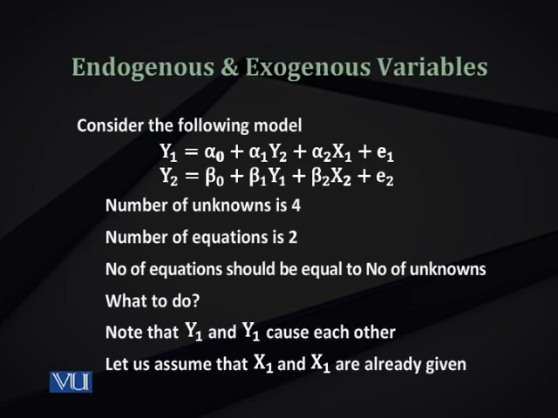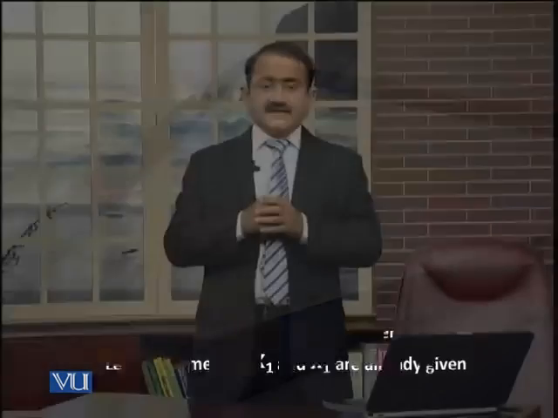So Y1 is dependent on Y2, and Y2 depends on the values of Y1. So they must be determined simultaneously from within the model. So Y1 and Y2 will be called endogenous variables, and X1 and X2 will be called exogenous variables as their values are already given. So when you have a model, to simplify the process, remember that if you have two equations, you will take two variables to be endogenous. If you have three equations, you will consider three variables to be endogenous.